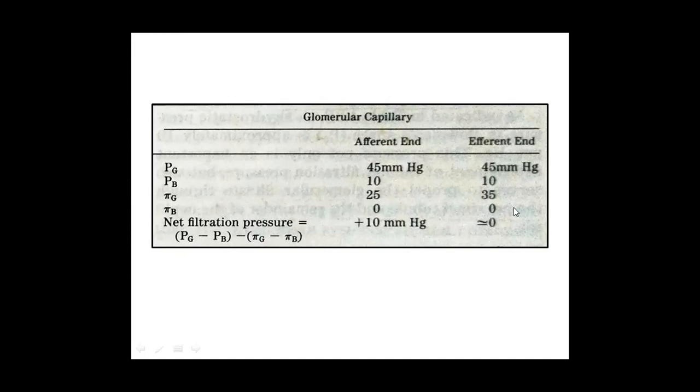If you calculate that, at the afferent arteriolar end the net filtration pressure is 10, and at the efferent arteriolar end the net filtration pressure is 0. 45 minus 10 minus 35 is 0. So fluid is coming out near the afferent arteriolar end, but no fluid is returning at the efferent arteriolar end.